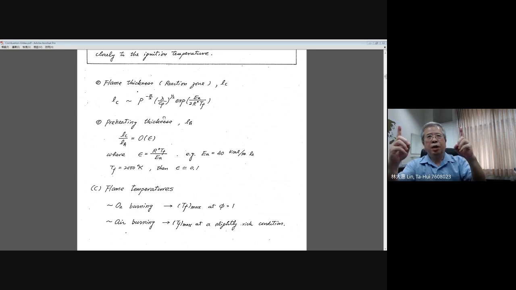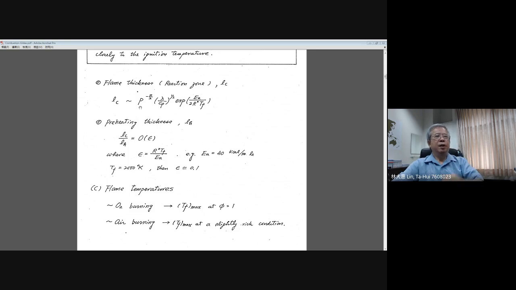That means the reaction order is 1:1, and then n is the total reaction order for the fuel and oxygen, n equal to 2. When you have n equal to 2, that tells you your flame thickness is inversely proportional to the pressure. If you have a lower pressure, the flame thickness will be enlarged. And this is the first one I want to mention.